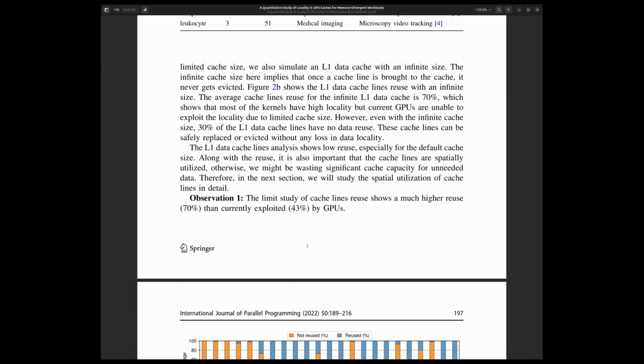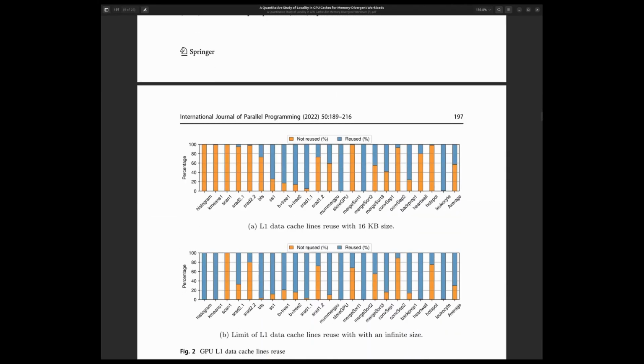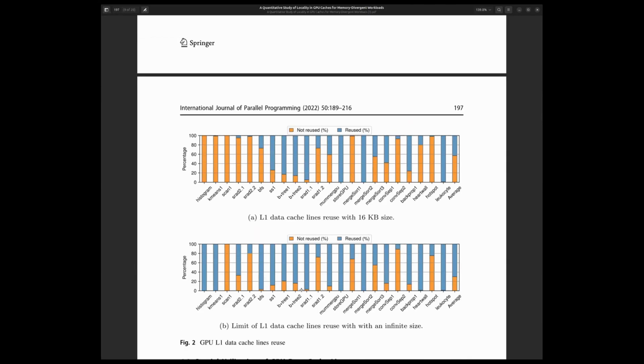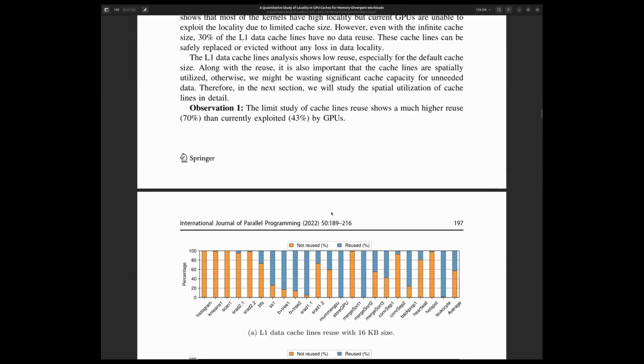To find out the maximum possible cache line reuse, they run this again with a cache that has infinite size. What they find this time is that the cache line reuse is about 70%.